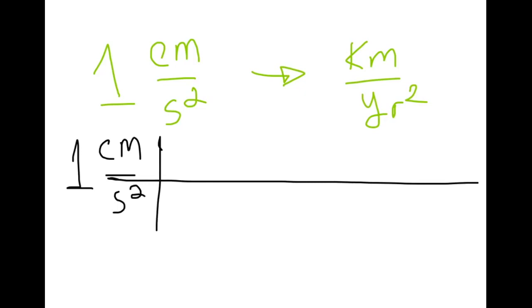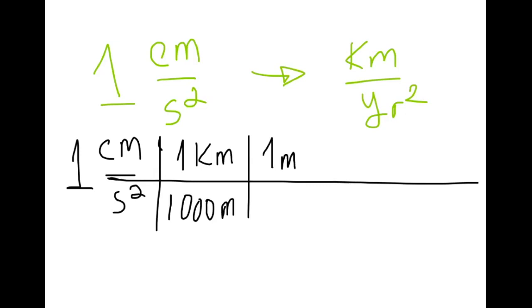And we know that 1 kilometer, that's what we want, is how many meters? Well, 1,000 meters, you know that. Otherwise, that's in your conversion table. And you know that 1 meter is 100 centimeters, right?